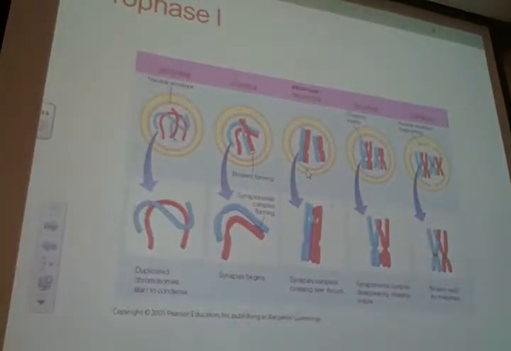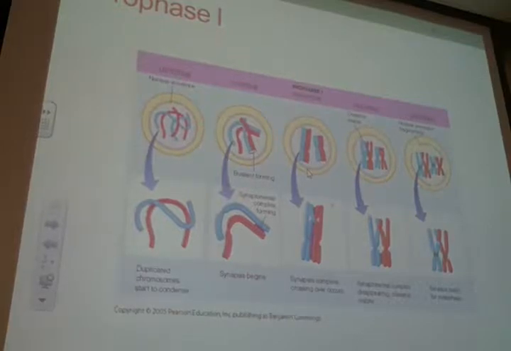The major thing that happens in prophase 1 of meiosis that does not happen during mitosis is the idea of either recombination or crossing over. Pieces of homologous chromosomes can swap locations with each other.